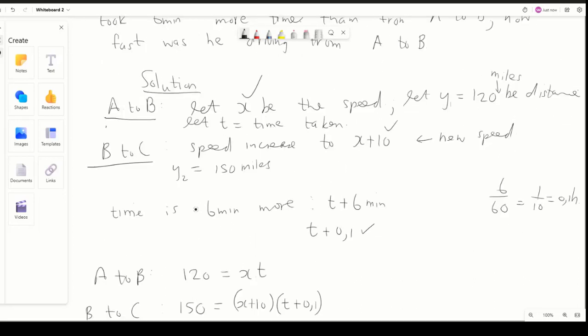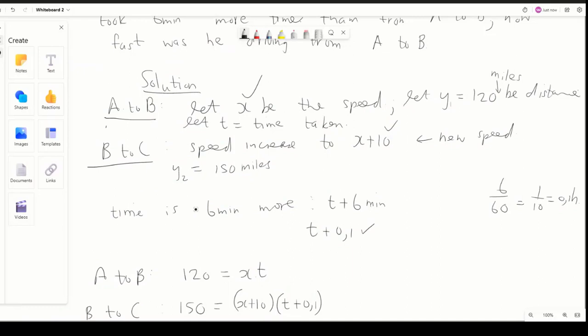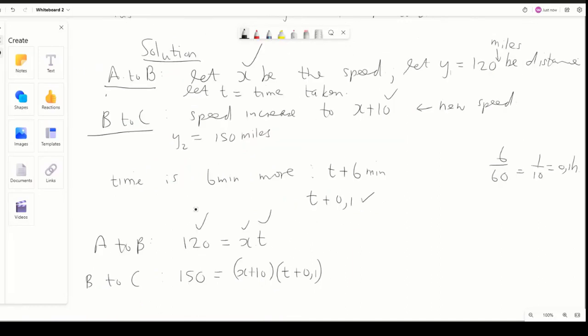So the unknown: let X be the speed between A and B. Let Y1, 120, be the distance, and T the time taken. It's a constant speed, so distance is speed multiplied by time. When it goes from B to C, it's a distance of 150 miles.